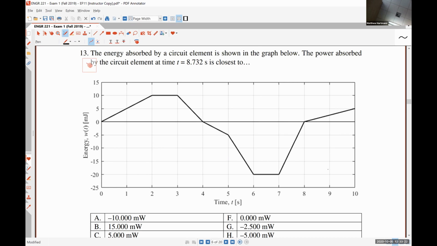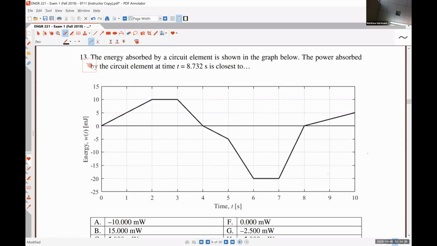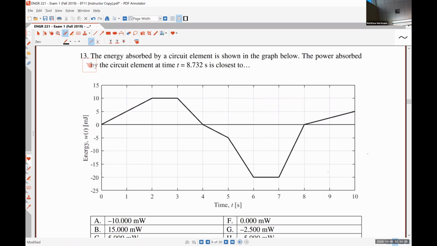Alrighty, so you're given the energy absorbed by a circuit element and you want the power. So what's the relationship between energy and power? Power is a derivative. Power is equal to dW by dt. We want it at 8.732, so that means we're looking at the slope over this section, right?